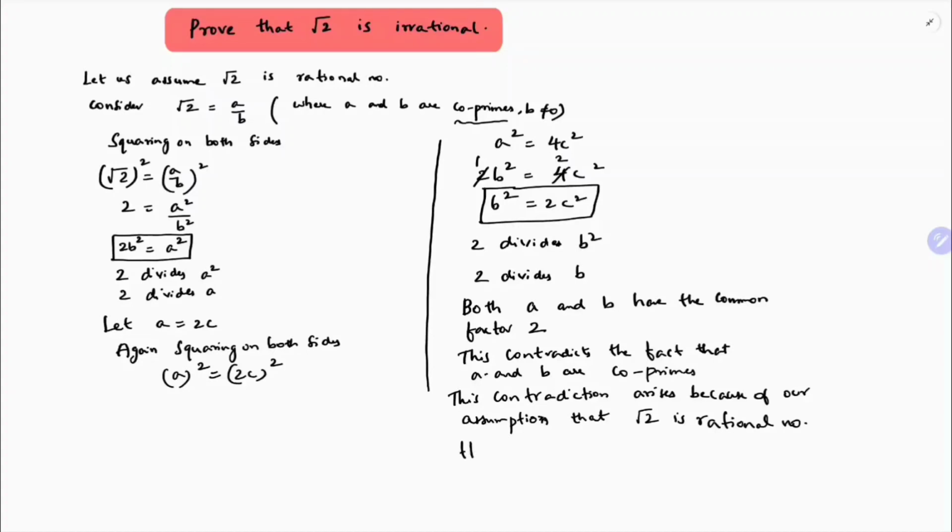Hence, we can conclude that root 2 is irrational. Hence root 2 is an irrational number. So in this way we need to prove this.